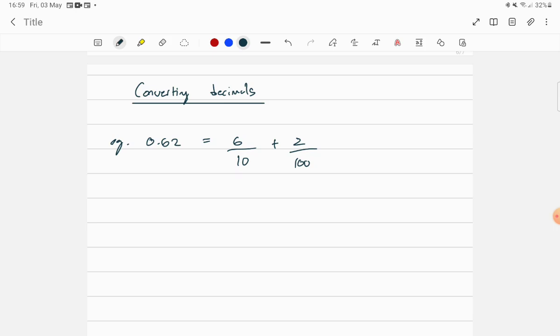Then you would use your LCD here, because this is technically addition of fractions. So this is times by 10 times by 10 for your LCD of 100. You would get 60 plus 2 all over 100, which is 62 over 100, or otherwise simplified, divide by 2 and divide by 2, you get 31 over 50.